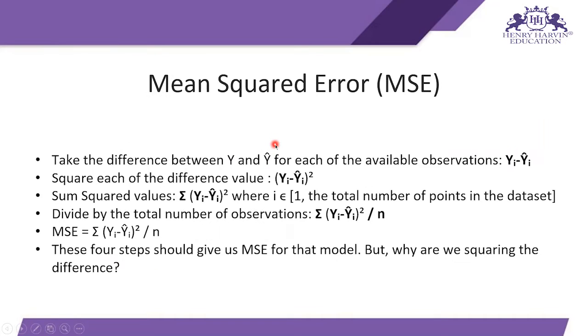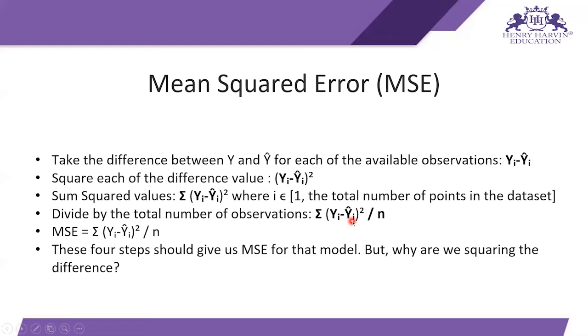Next comes mean squared error, MSE. Take the difference between y and y hat for each of the available observations, yi minus y hat i. After getting the difference, we square each difference, and sum the squared values, the summation of (yi minus y hat i) squared, where i goes from 1 to the total number of points in the data set. Divide by the total number of observations.